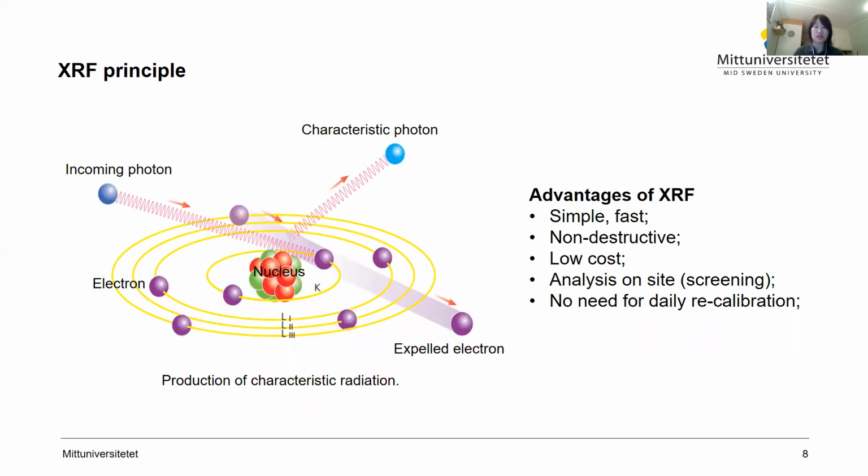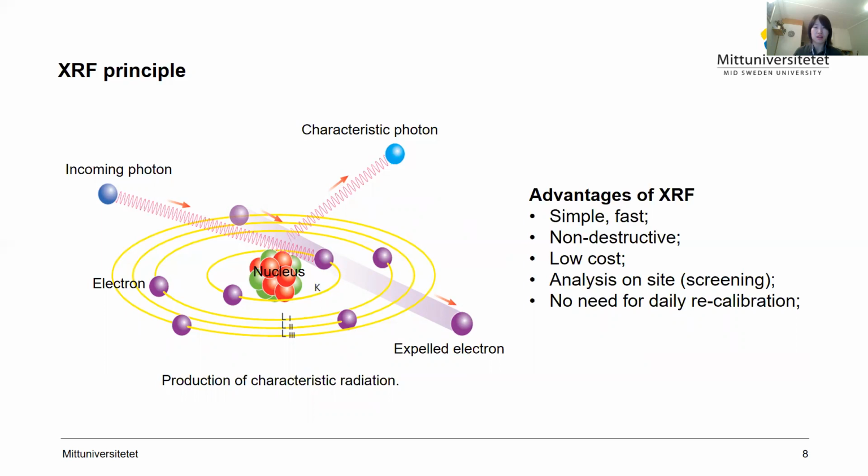When a material is irradiated by X-rays, the incident X-ray photon with high energy can eject the electron from its atomic orbit, leaving the atom in an unstable state. To fill this space, an outer shell electron can fall into the empty position of the ejected electron.